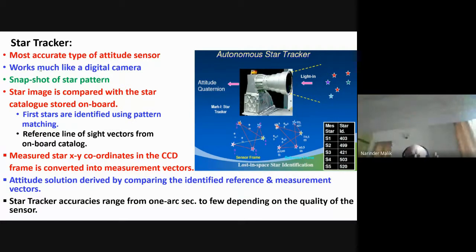The CCD pixel numbers X and Y give the components to measure, and along with the optics, you find out the direction vector as measured by the star sensor, compare with the catalog value and find out the attitude in the least square sense, because you have more than 3 stars, and using all the star data, you can find the best attitude. And these kinds of star sensors give accuracy in arc seconds.